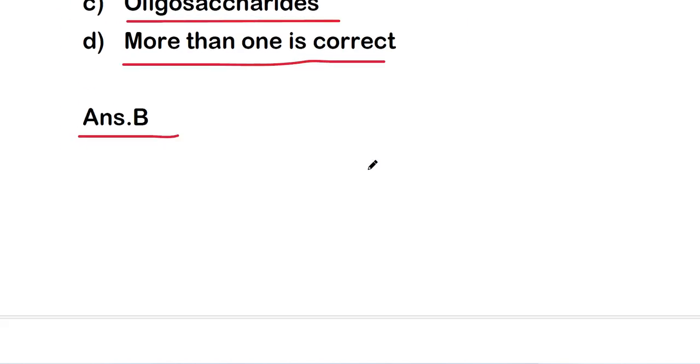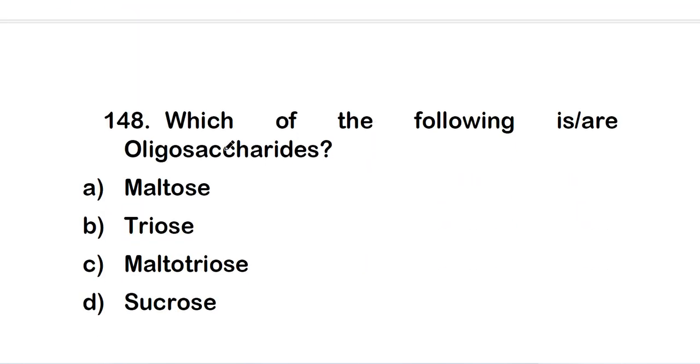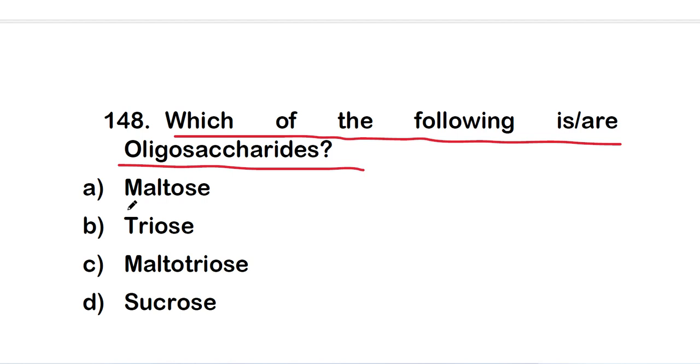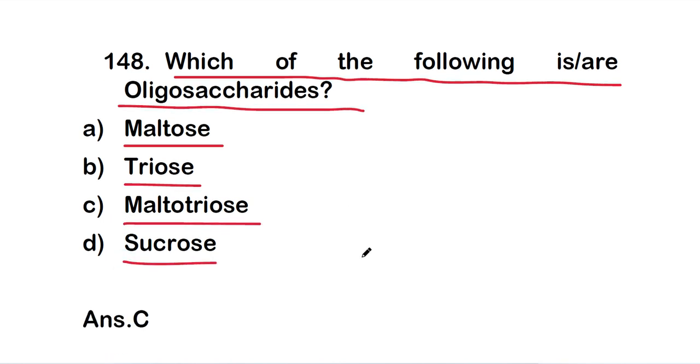Okay, so let's move on to question number 148. Which of the following is or are oligosaccharides? The options are option A maltose, option B triose, option C maltotriose, option D sucrose, and the right one is option C, that is maltotriose.